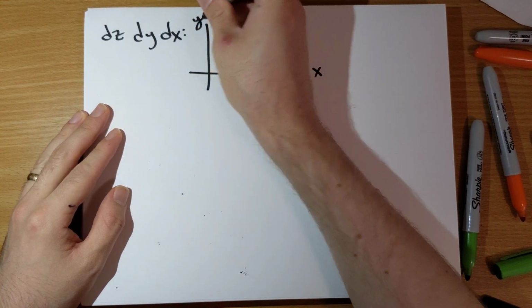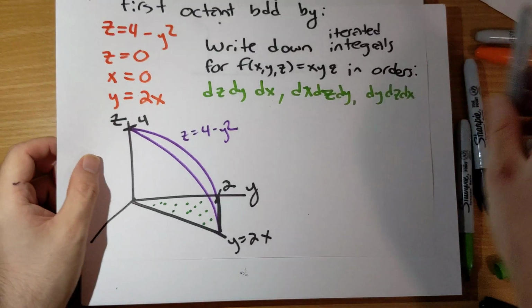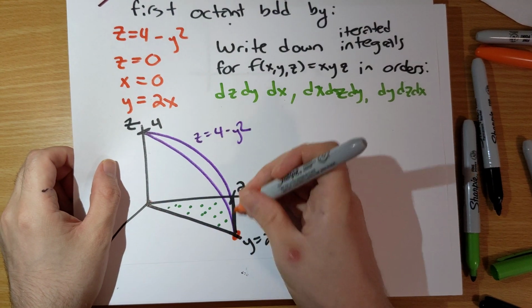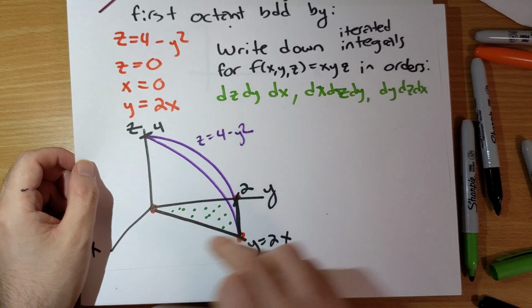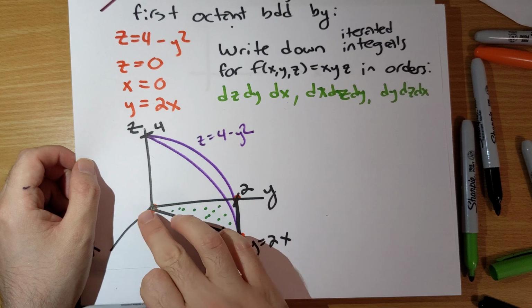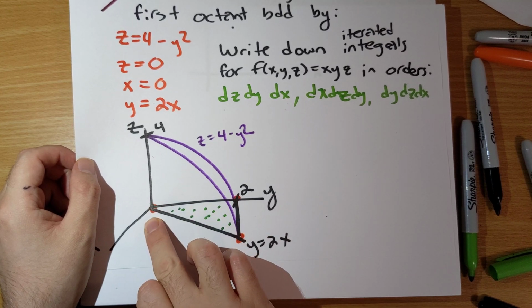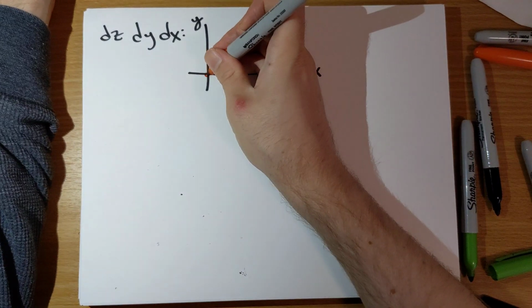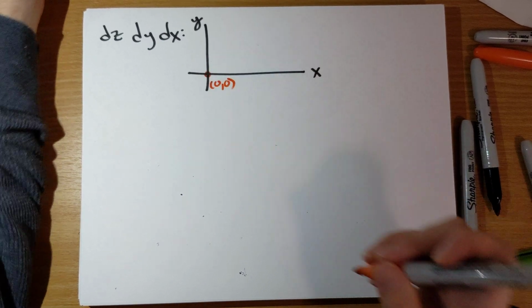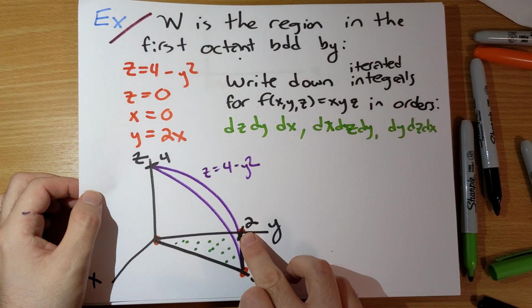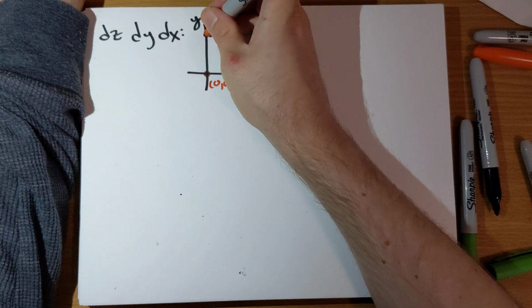Okay, x and y. This triangle in the xy plane has 3 vertices. Of course, triangles have 3 vertices. This point right here is 0, 0 in the xy plane. This point here is x equals 0, y equals 2.